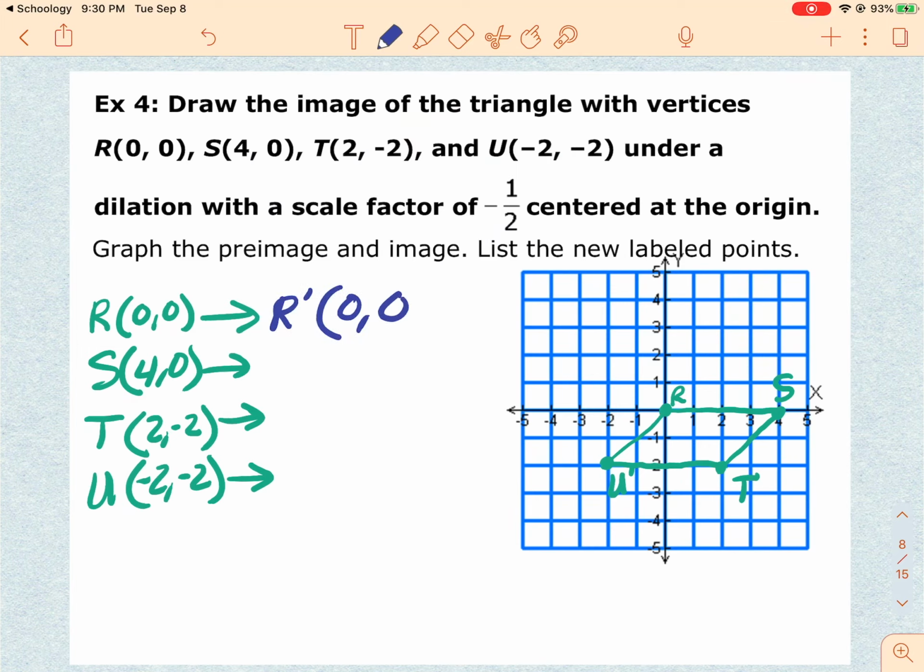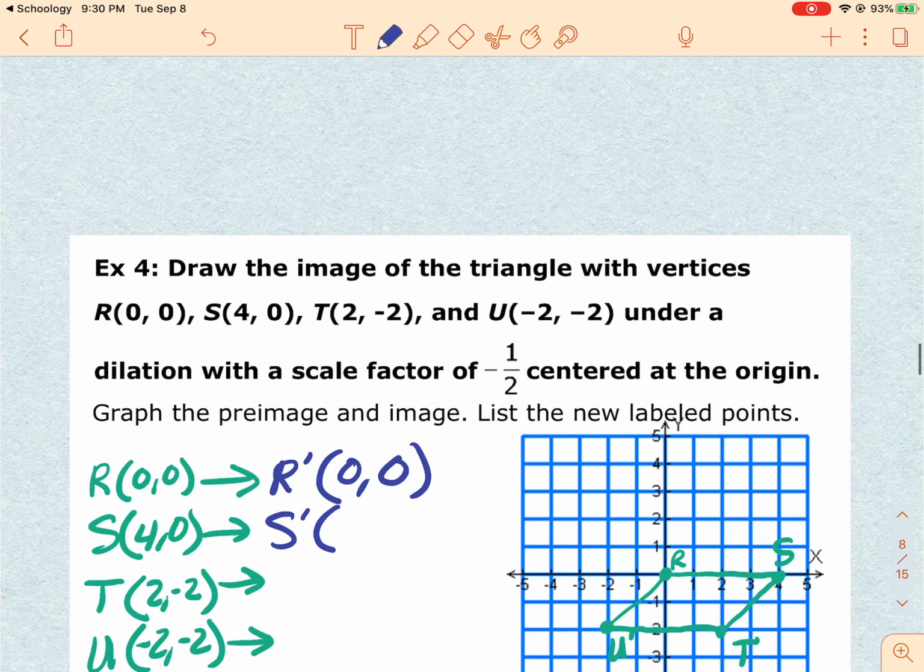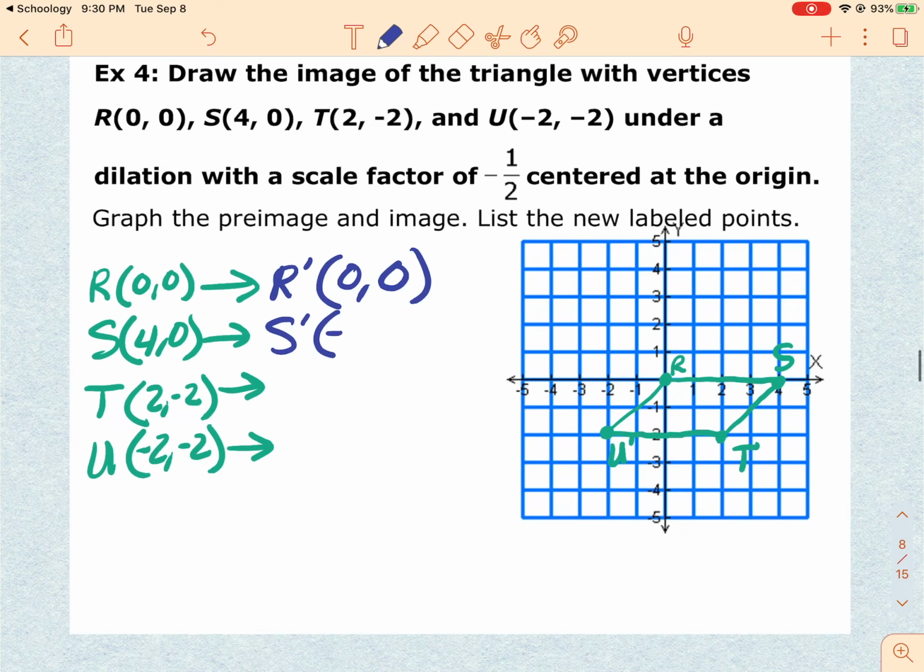0 times -1/2 is still 0. 4 times -1/2 is -2, and 0 times -1/2 is still 0. 2 times -1/2 is -1. -2 times -1/2 is +1.